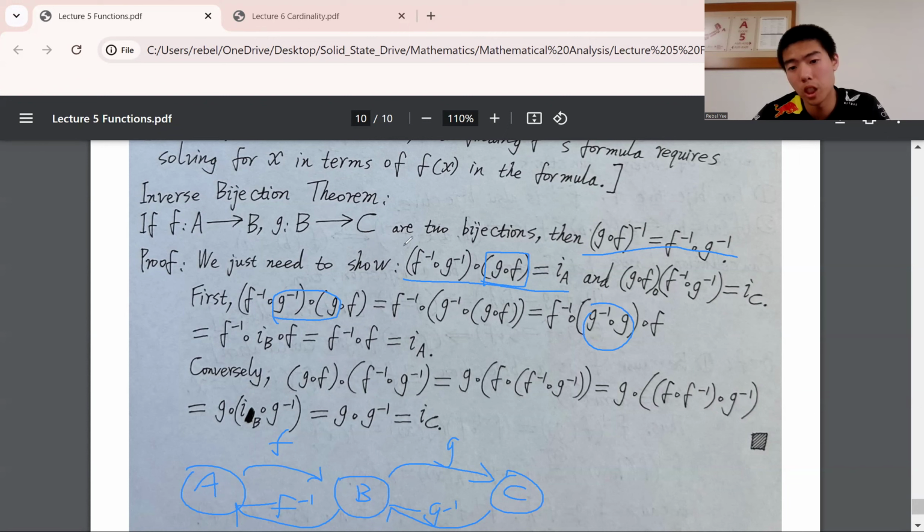G is taken from B to C. So G first takes B to C, and C is taken by the inverse of G, which goes to B again. So this is I_B, which is exactly what we get after taking x by F, it goes to B, right? And then I_B, and B going back again, which is A. So this is the proof of the first one.